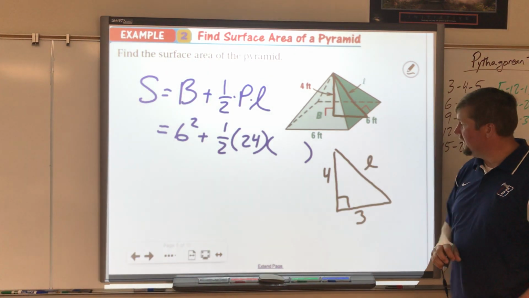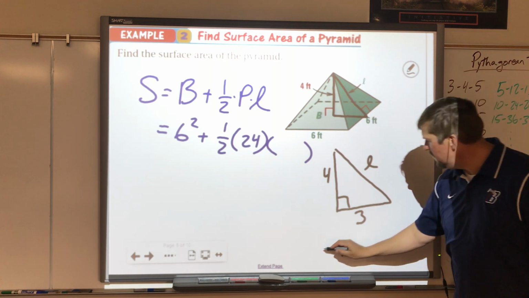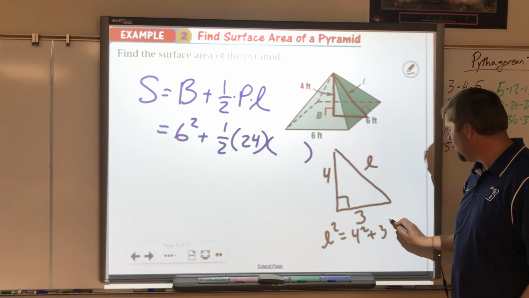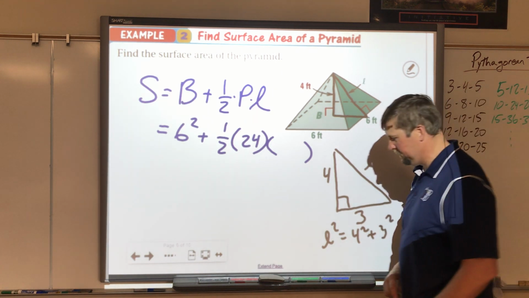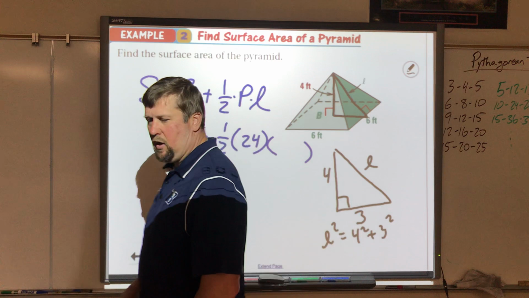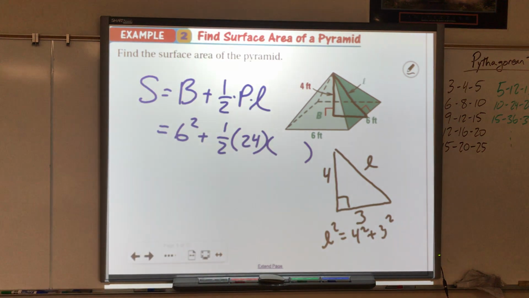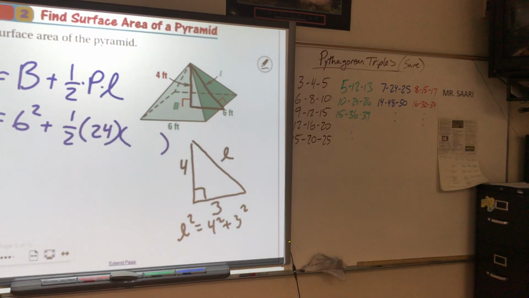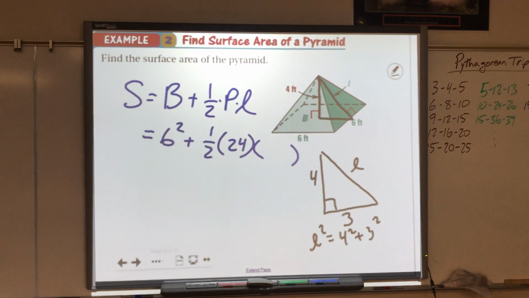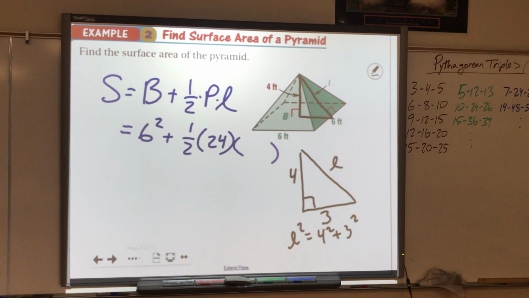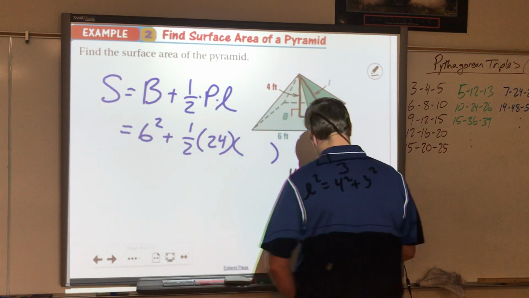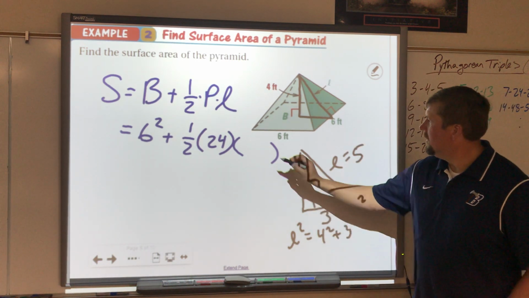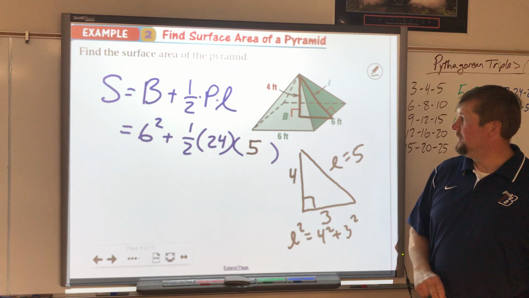So we don't know what that is. But we do know the slant height squared is 4 squared plus 3 squared. Now that's a Pythagorean triple. If you recall the Pythagorean triples, which are just over here to the right, one Pythagorean triple is 3, 4, 5. So I know this is 5.